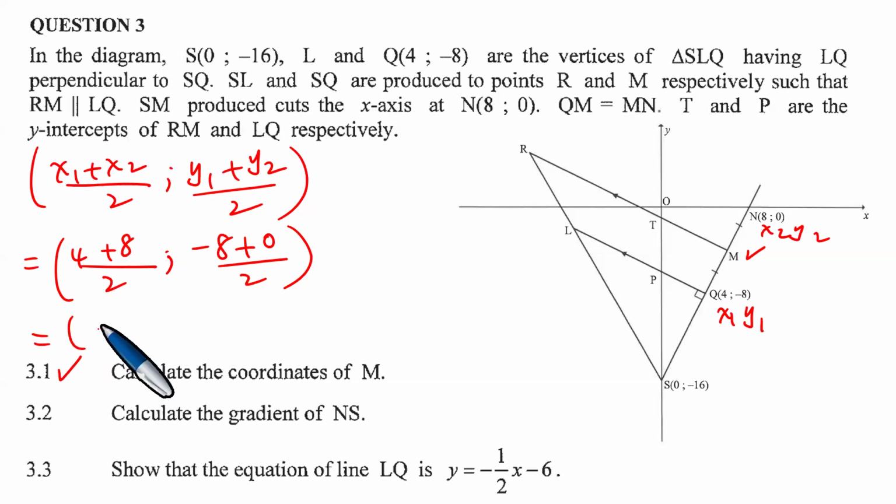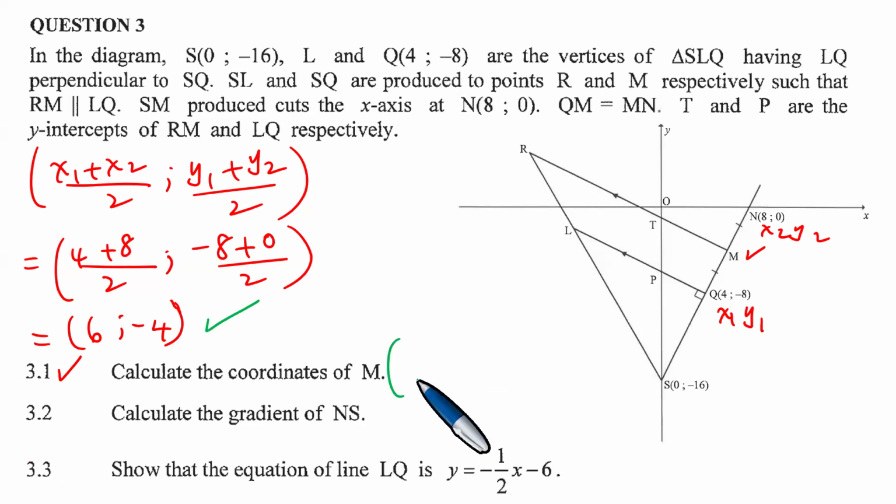What is 4 plus 8? 12. Divide by 2, it's exactly 6. Minus 8 plus 0, which is minus 8, divided by 2, it's minus 4. So this becomes the answer. What are the coordinates of M?